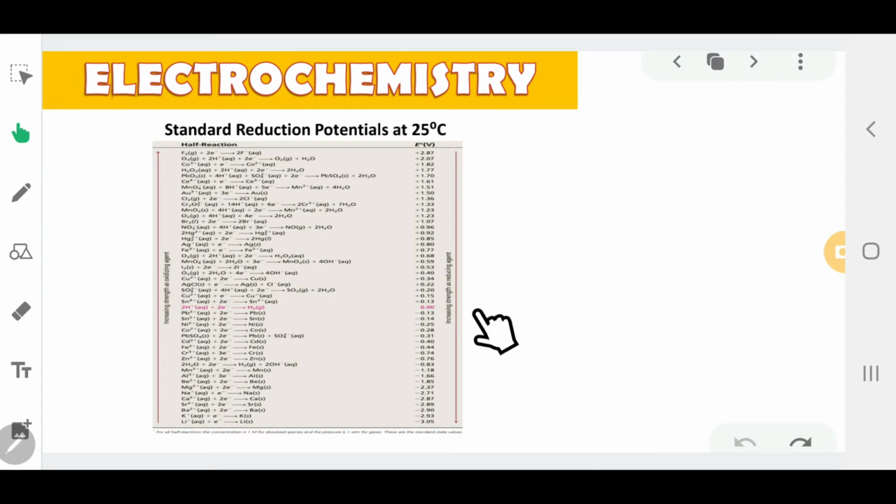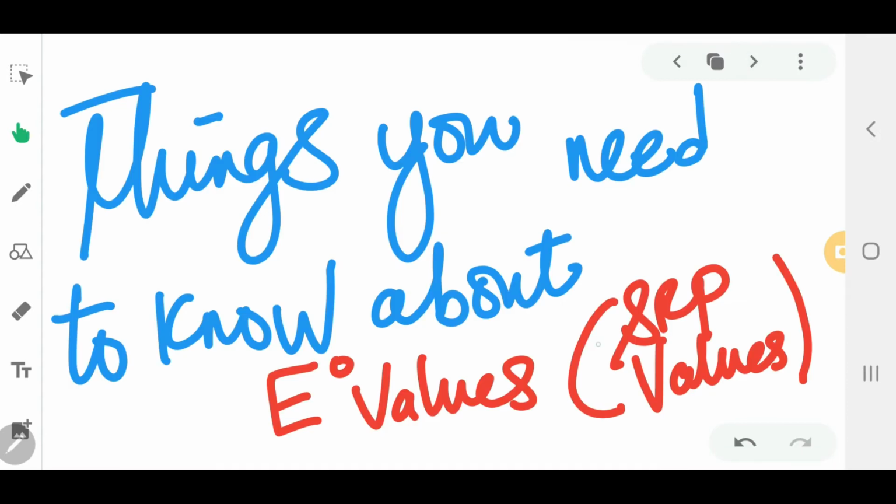Here, what I'm showing you now is the list of standard reduction potential values for all of the reduction processes that we can have. This is a typical table that you can find in textbooks or on the internet. So the things you need to know about the E0 values or the SRP values.